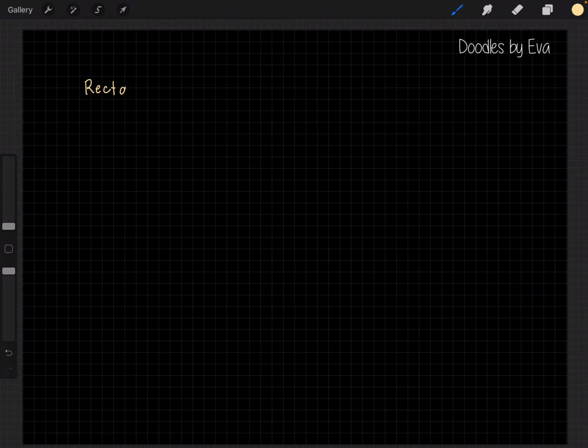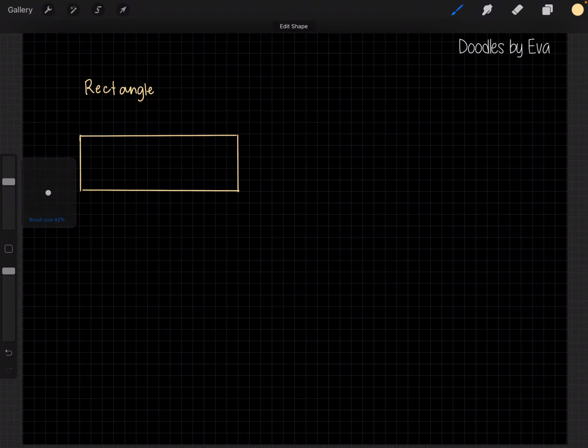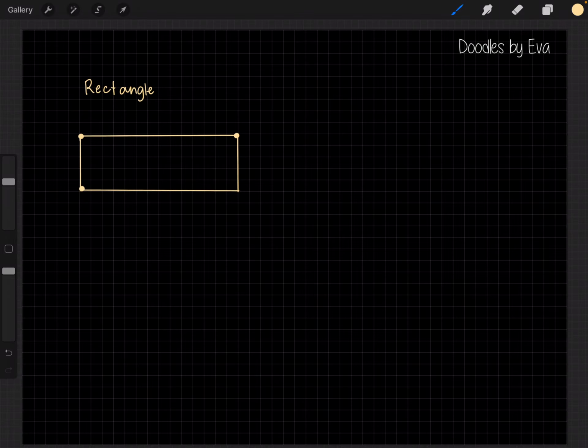Everybody knows what a rectangle looks like, but for the sake of discussion, I'm still going to draw a rectangle. Okay, so this is our rectangle, and then let's add some points, and name them A, B, C, and D. So what is the property of a rectangle?